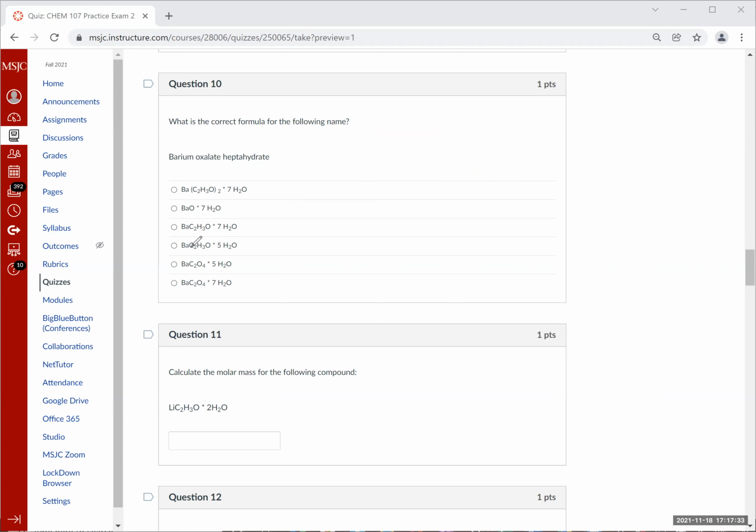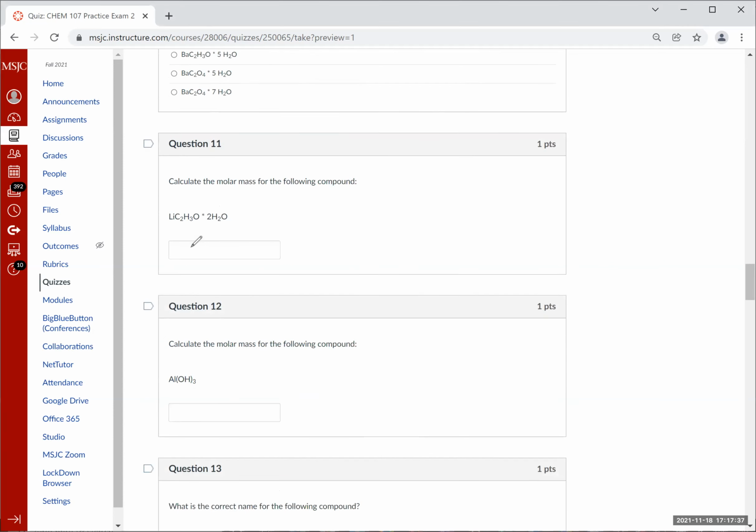Okay, so let's look at another example. In this case, we're asked to calculate the molar mass of the following compound. So we just add up our atomic masses. So lithium is 7 grams, carbon is 12 grams. We have 2 carbons. Hydrogen is 1 gram, and we have 4 + 3, 7 hydrogens.